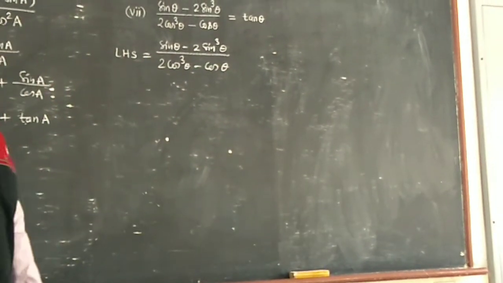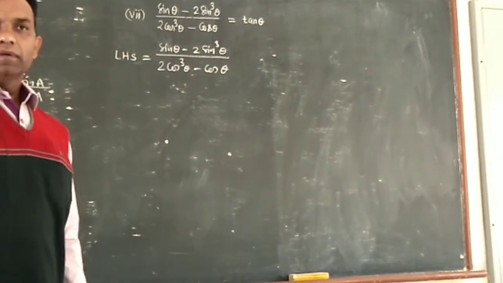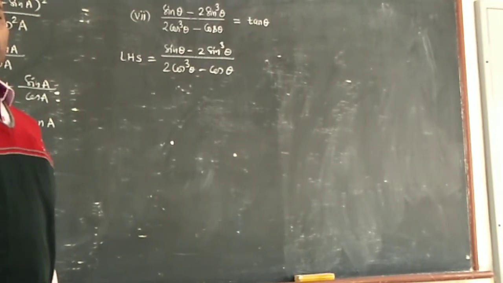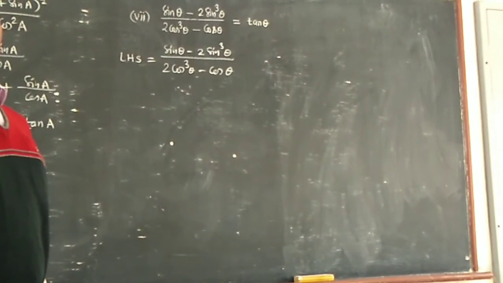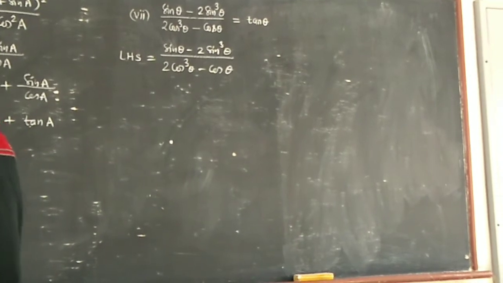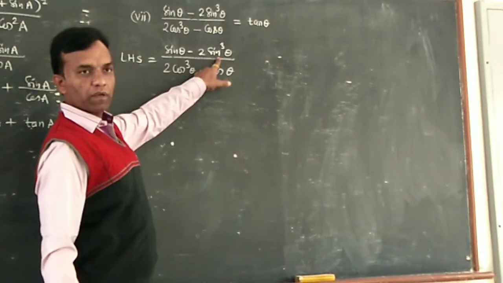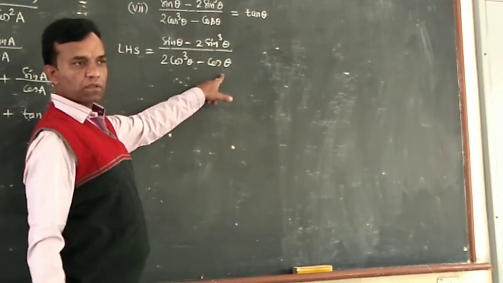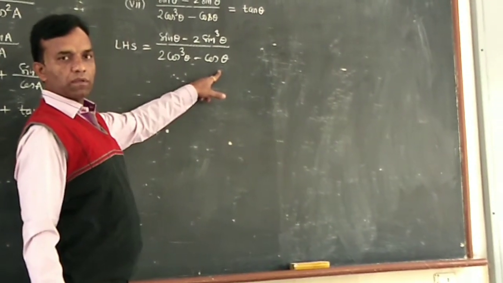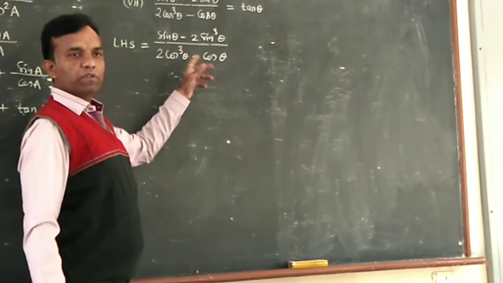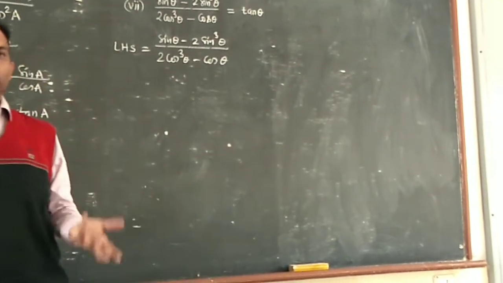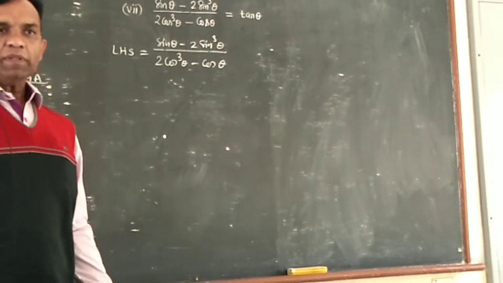What do we do first here? Rationalization? Yes? No. Both the terms have sin, both the terms have cos. It is not a square minus b square. If both terms have the same factor, then what do we do? Take it common.